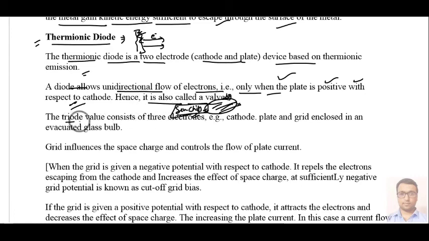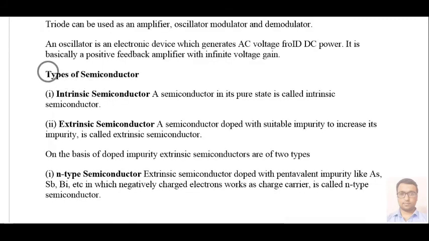And the triode was also used in ancient times; a triode has a cathode, plate and grid enclosed in an evacuated glass bulb. So our topic starts from here, that we have to learn how many kinds of semiconductor material we have. First we have the intrinsic semiconductor, which is also called a pure semiconductor.